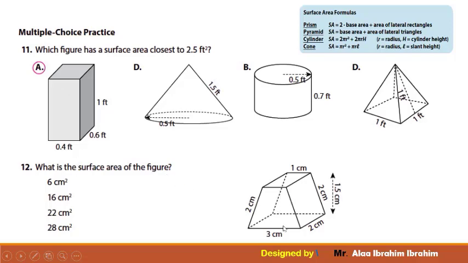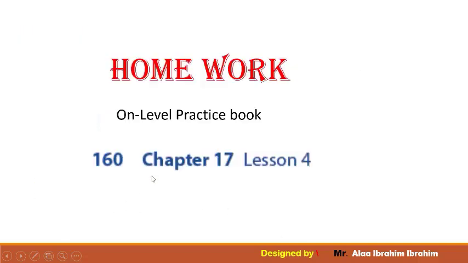You have to find again the area of the trapezoid: b1 plus b2, meaning 1 plus 3, divided by 2, then multiplied by height 1.5. Then I multiply by 2 because I have 2 trapezoids, plus the areas of the rectangles, length times width: 2 times 2, 2 times 2, 1 times 2, and 2 times 3. Add the results together and you will have 22.